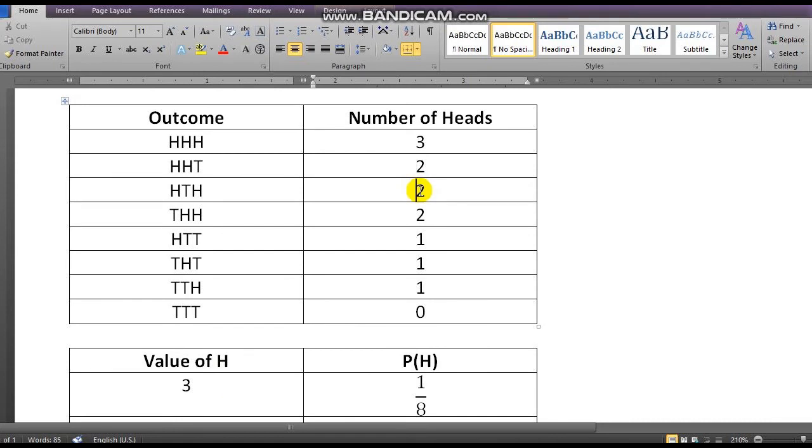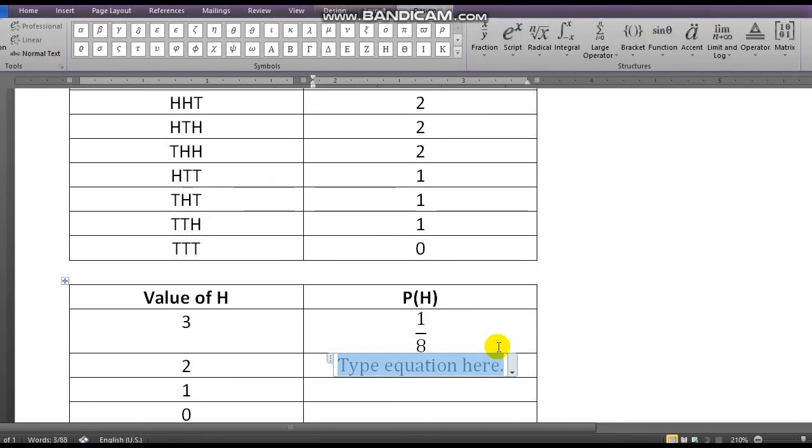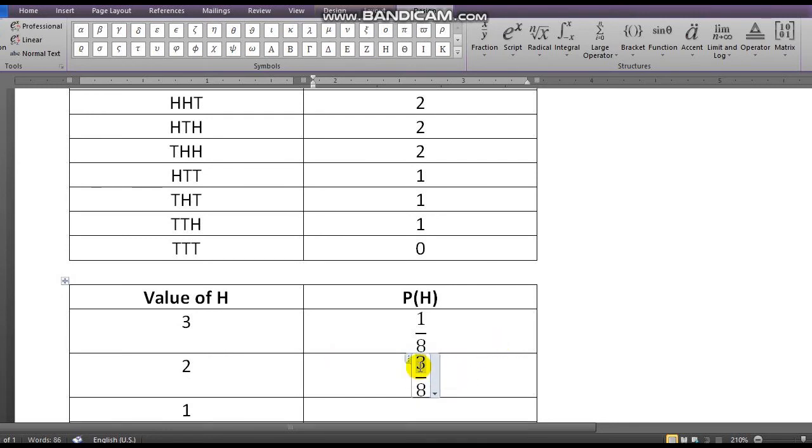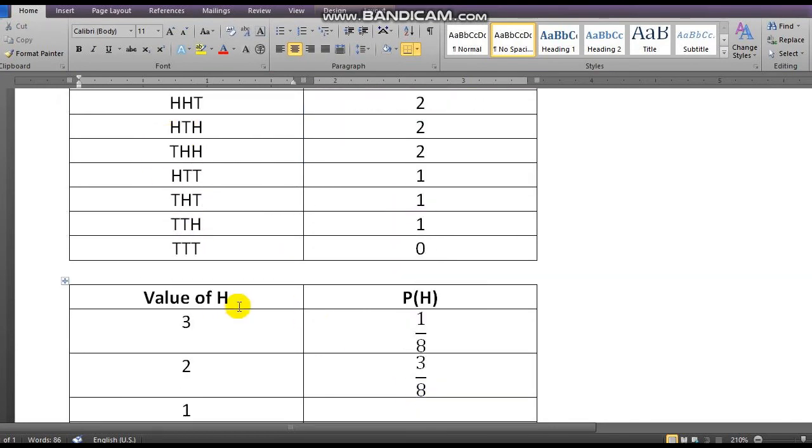The value 2 appeared 3 times out of 8 possible outcomes, since there are 3 possible outcomes where 2 heads will appear. So in this scenario, the probability is 3 over 8. 3 because the number 2 appeared 3 times, and 8 is the total number of outcomes.